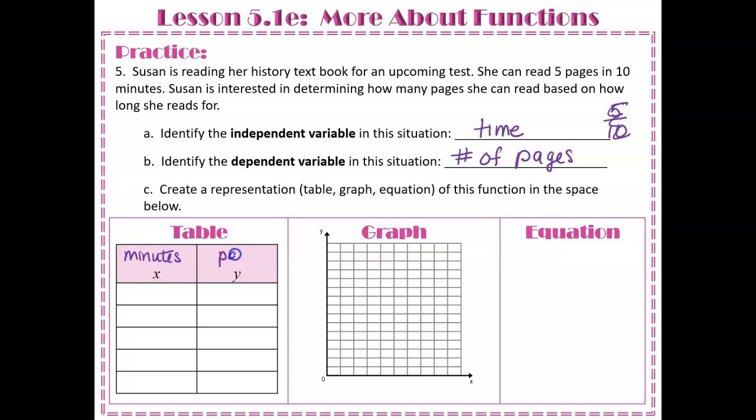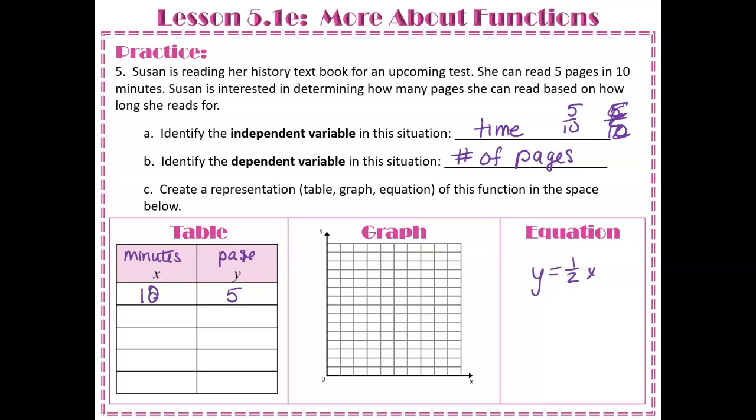And this is pages. So she can do 10 minutes, 5 pages. So remember, your rate is y over x. So this becomes 1/2. So your equation is y equals 1/2 x.